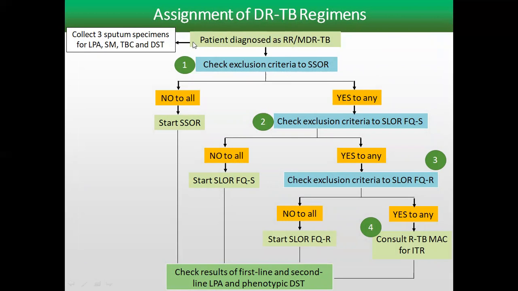So, if mataas ang suspicion nyo that this patient is possible RR or MDR-TB, like for example, ilang beses nang nag-failed for DSTB, naka-twice na siyang mag-DSTB, tapos talagang nagpa-positive pa rin for MTB. So baka RR. So pwede na kayong mag-collect ng 3 sputum specimen for LPA, line probe assay, sputum microscopy, TB culture, and DST test.